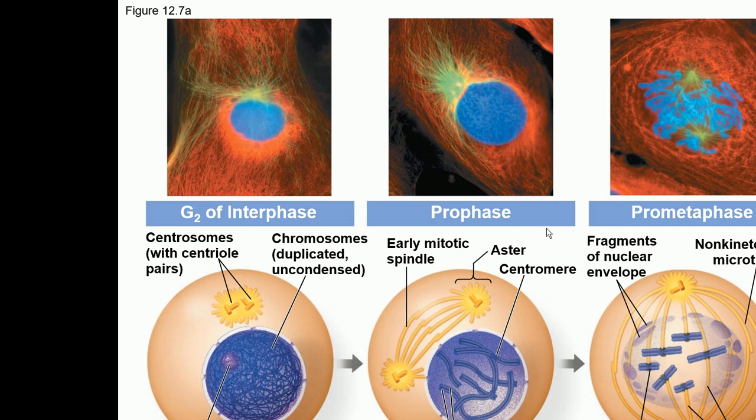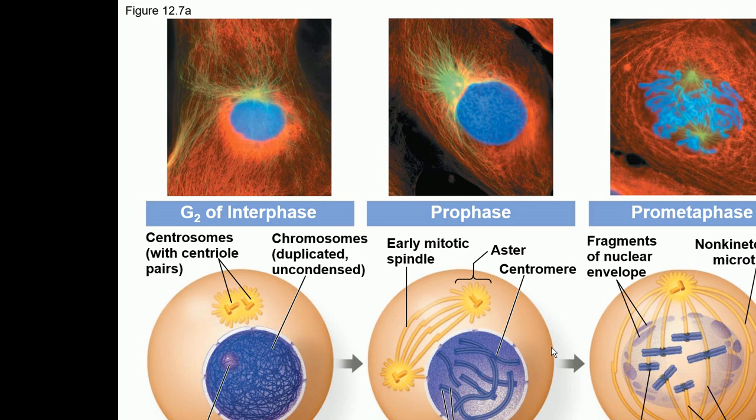And when the cell reaches prometaphase, you can see here how the mitotic spindle is forming, and these microtubules, which originate from these centrosomes, are attaching to protein complexes called kinetochores, which are associated with the centromeres of the chromosomes.